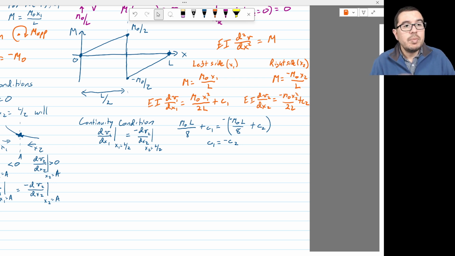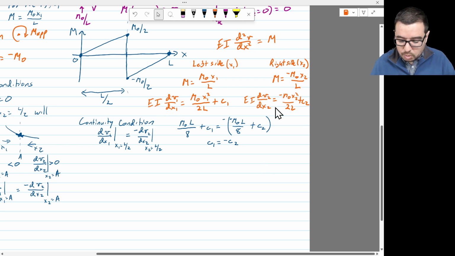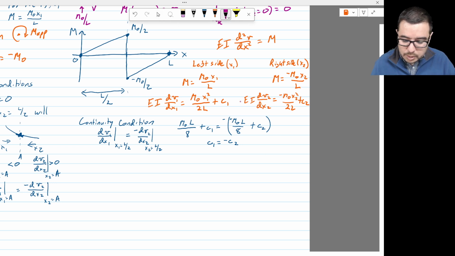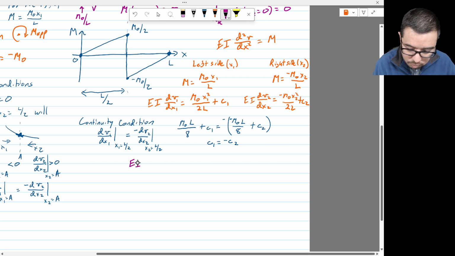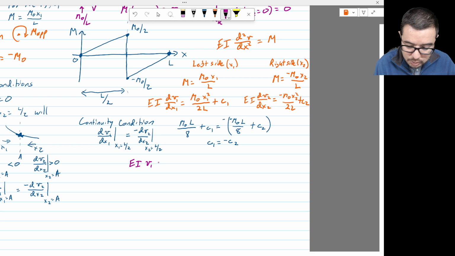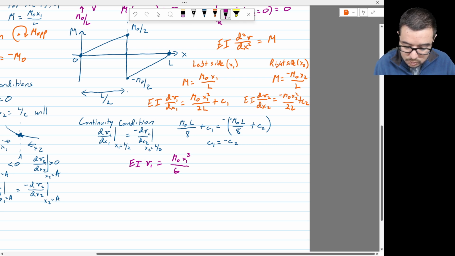All right, so now we can go to the next integral, and we'll integrate both of these expressions, left side and right side, and we'll have that EI times little v1 is going to be equal to m naught x1 cubed over 6L plus c1 x1 plus, we'll call it c3.